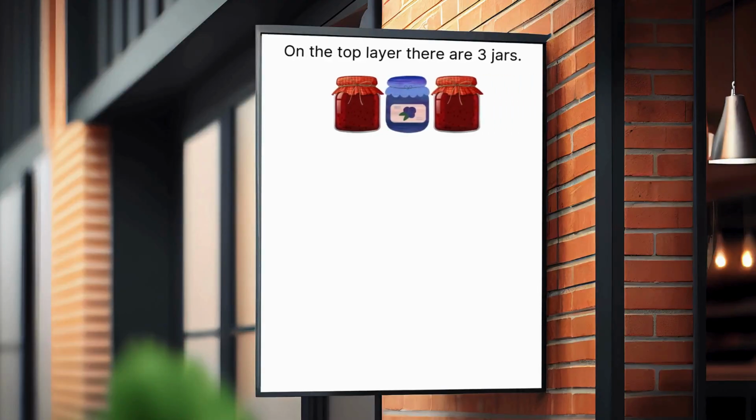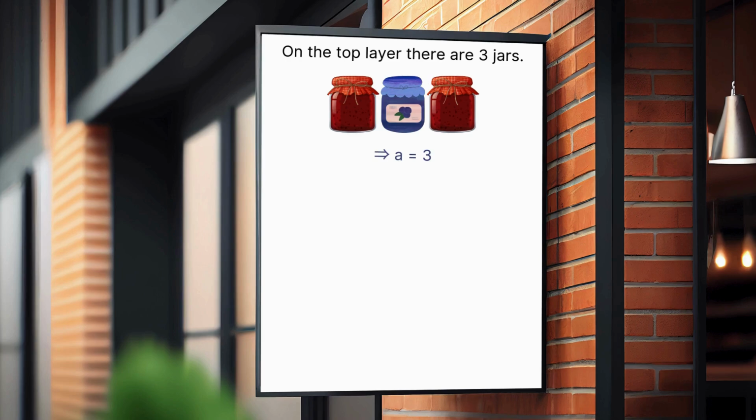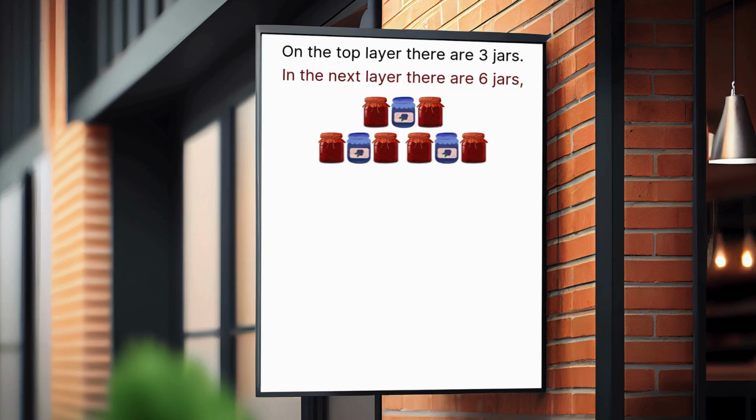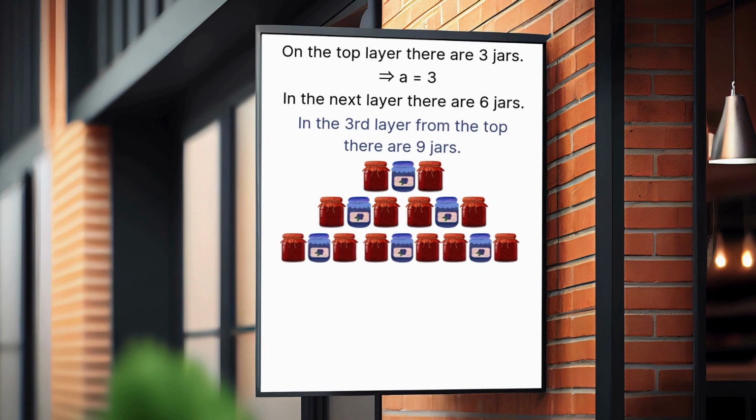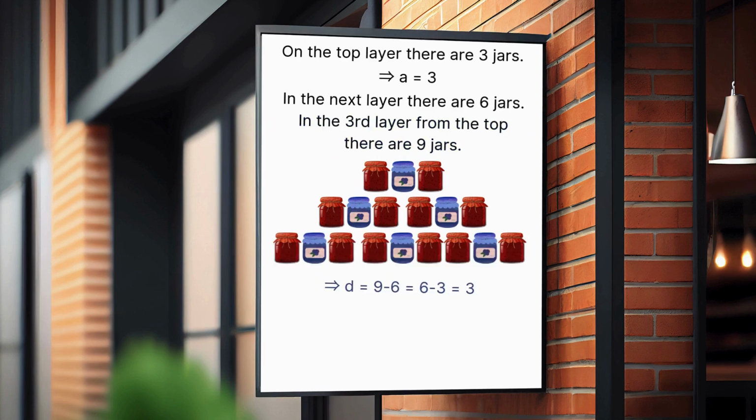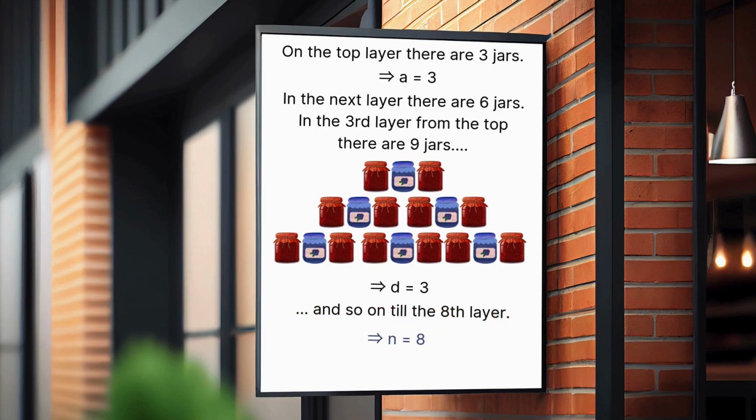On the top layer there are 3 jars. That means a is 3. In the next layer there are 6 jars. In the third layer from the top there are 9 jars. So the common difference would be 9 minus 6 equal to 6 minus 3 equal to 3. And so on till the 8th layer, so n is 8.